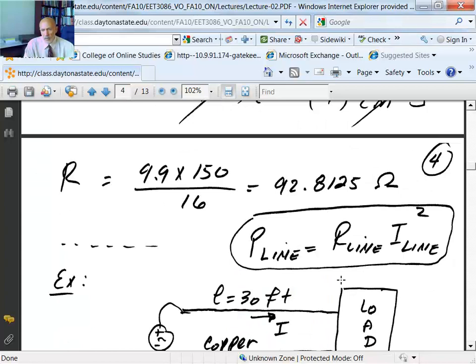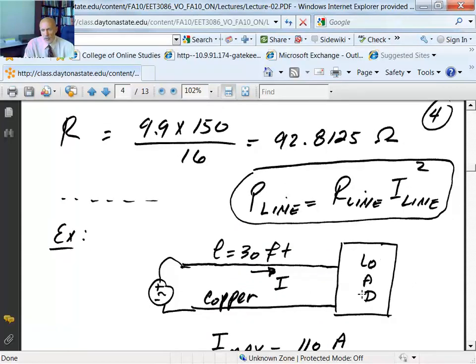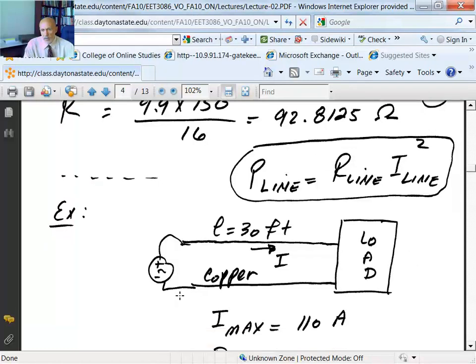Let's look at an example. Let's say you have a load located someplace about 30 feet away, and you need a piece of wire, but you have to determine what type of wire you need to use, such that you have minimized the losses on the line and are also able to handle the maximum current.